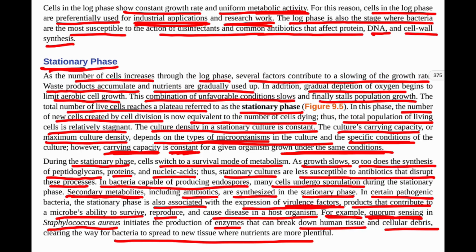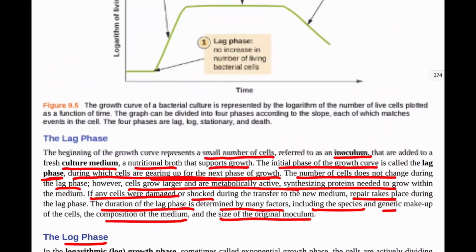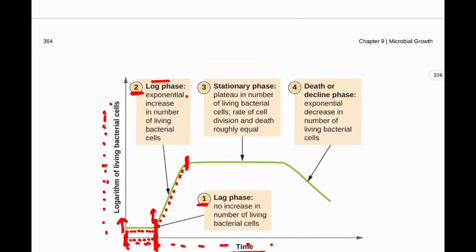So if we look at our growth curve again, if we go up here, we have now talked about our lag phase, which is when we have no increase in the number of cells at the beginning here. It's kind of getting situated to its environment. Then we have the log phase, which is where we have exponential growth from the end of the lag phase up here to where it stops going up exponentially. And then we just talked about the stationary phase.